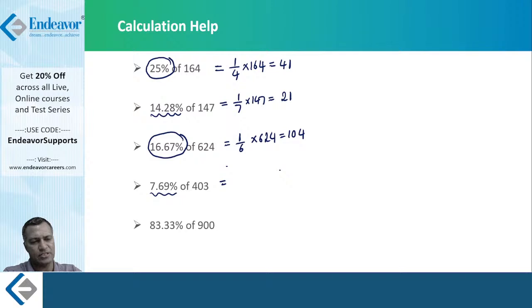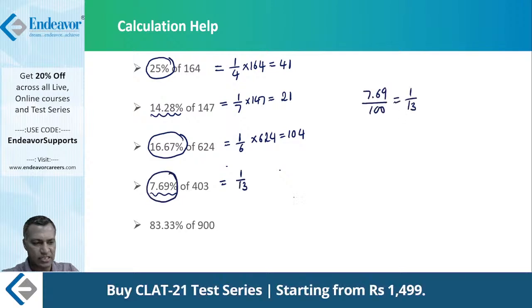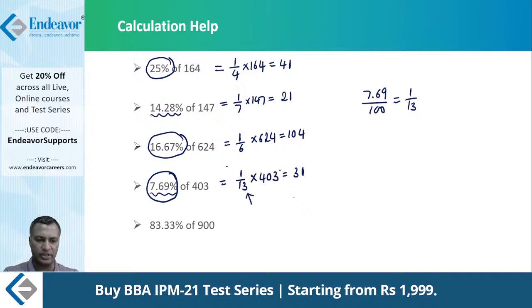When you simplify this, it is ultimately equal to 1 by 13, right? 1 by 13th of what? 403. So therefore you should know the tables of 13. You can't say, hey, I struggle to recall the tables of 13. If you're learning this percentage equivalent chart, it is good to know tables till 20, right? So you will say 3 times 13 is 39, and 13 one time, our result is 31.